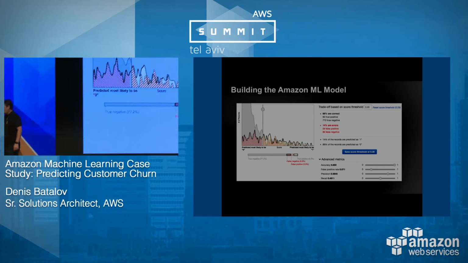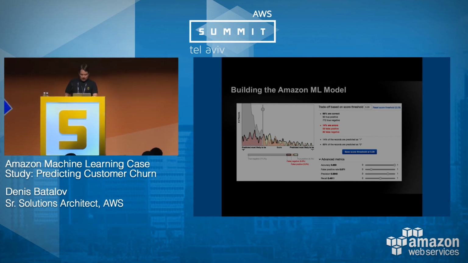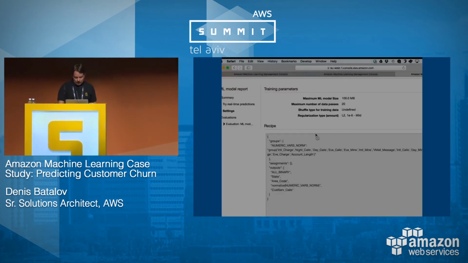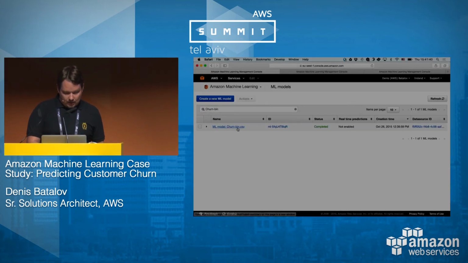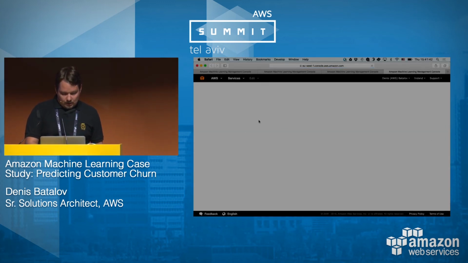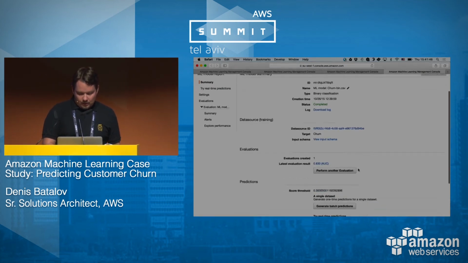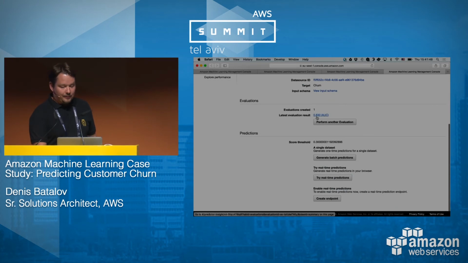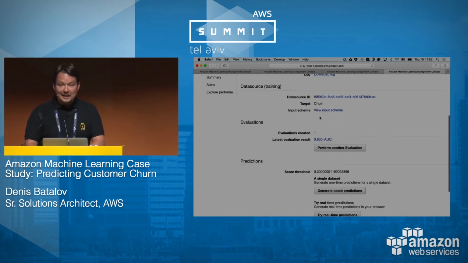Now, let me switch to the console real quick. Try to use the evaluation. So note the area under curve, 8.3. It's actually worse than the Titanic data set.